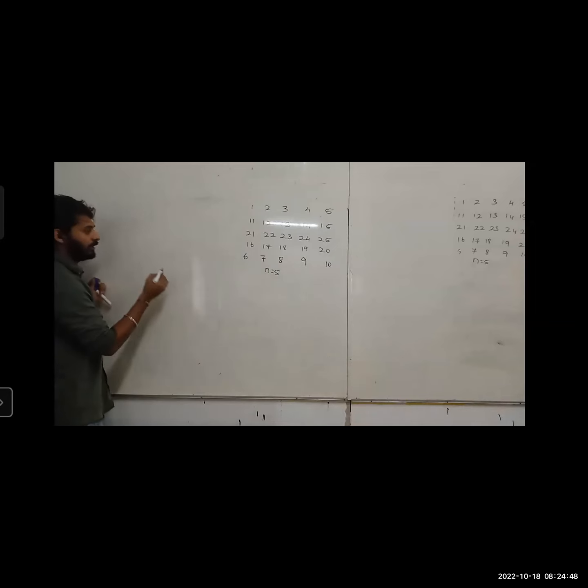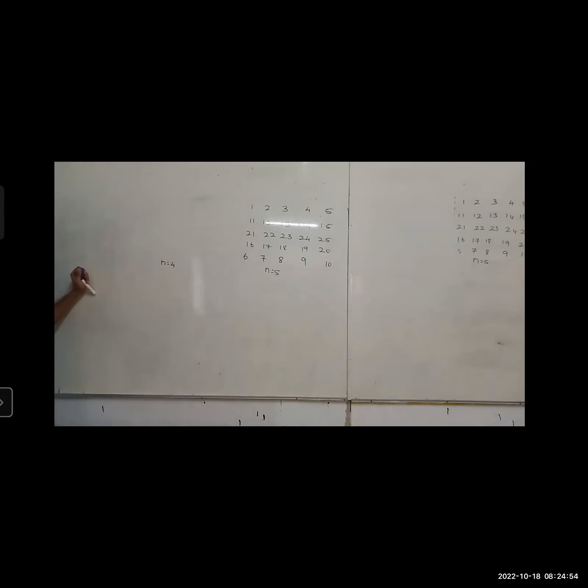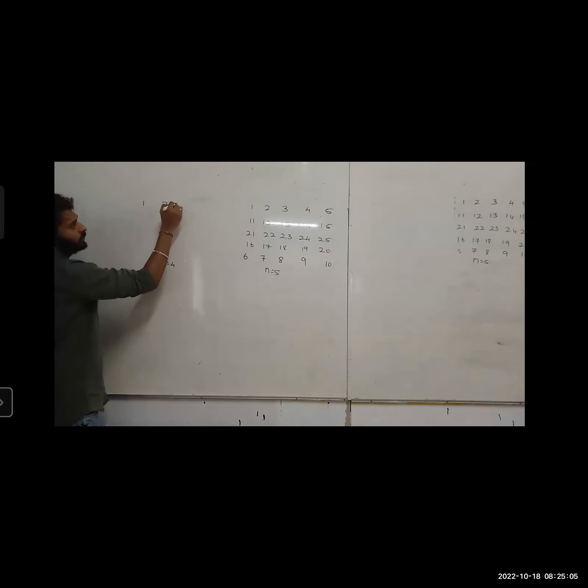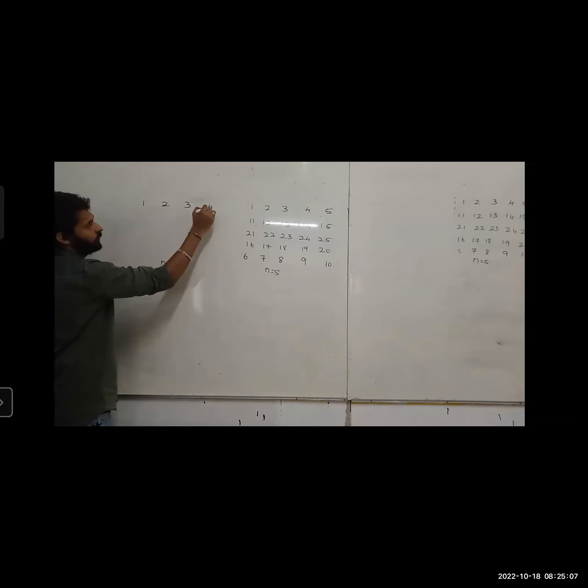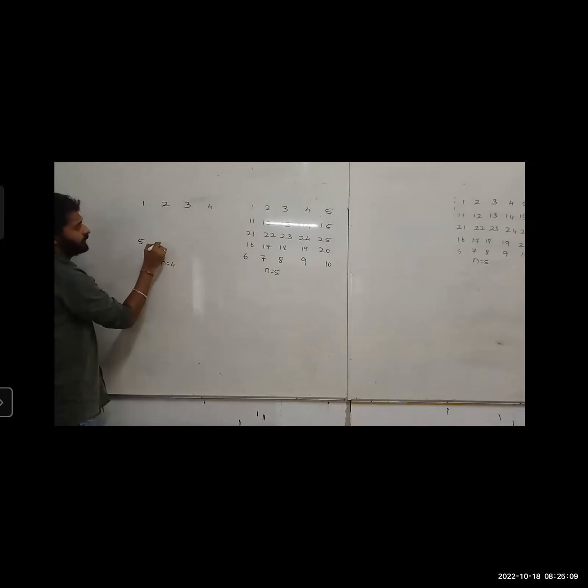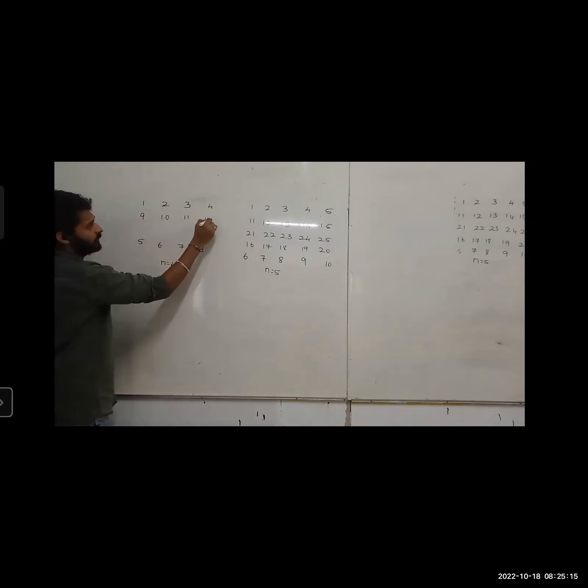The other one that I want to write here is for n equals 4, because it differs. For n equal to 5 it will be an odd number, whereas n equal to 4 means it will be an even number. So here, how much? What will it be? 1, 2, 3, 4. Next, 5, 6, 7, 8, 9, 10, 11, 12.